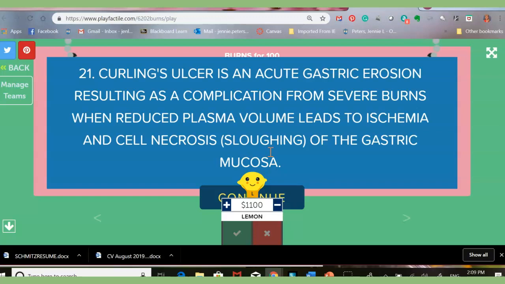Well, they're probably going to start having blood in their stool. So if you have a patient, say on a burn unit, and they have blood in their stools, that is an indicator that they can have a Curling's ulcer or just another GI bleed somewhere else. But just make sure that you are watching for that as a nurse.